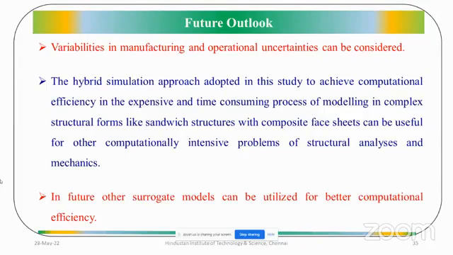In future, there are different surrogate models such as ANN, artificial neural network, PNN, polynomial neural network, RBF, radial basis function, MARS, multivariate adaptive regression spline, and SVM. Several surrogate models can be coupled with the MCS for better computational efficiency and can be employed for complex structures in order to assess the effect of uncertainty on the overall response of the structure.